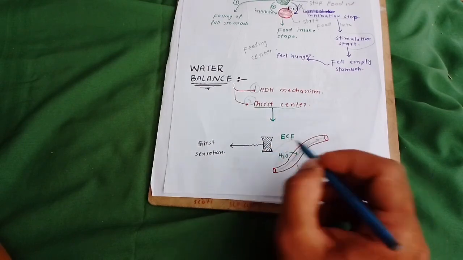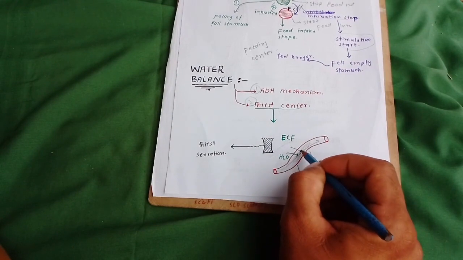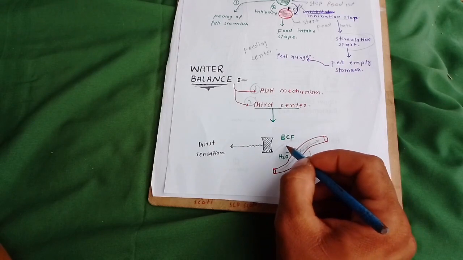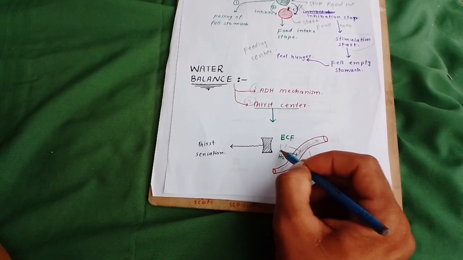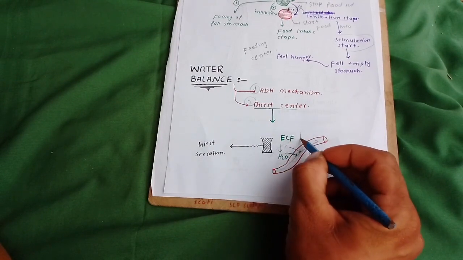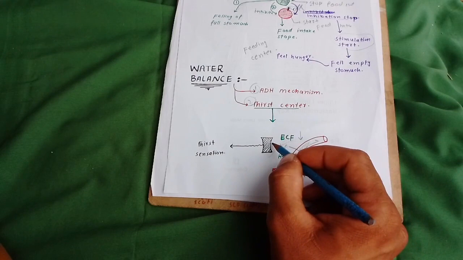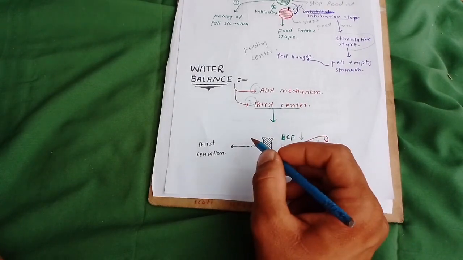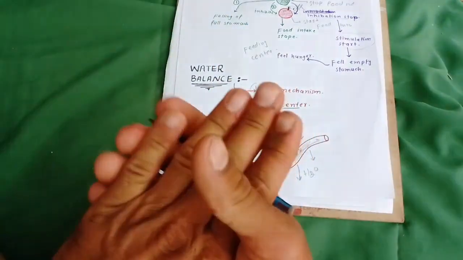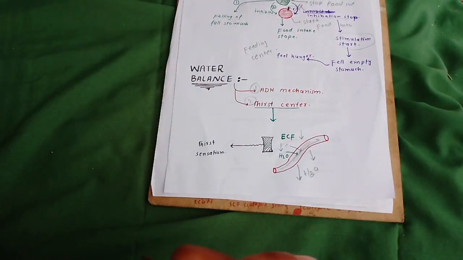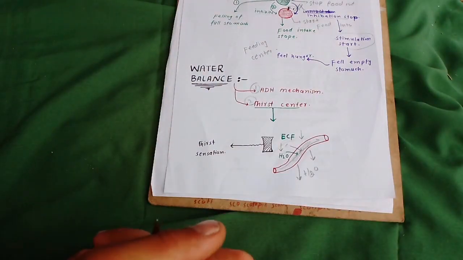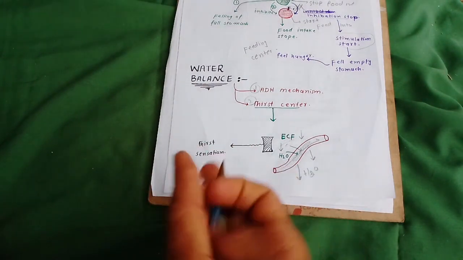The water from extracellular fluid goes toward the blood vessel, so the extracellular fluid falls down. It stimulates this center, thirst sensation is produced, and we demand intake of water. This is the thirst sensation mechanism.